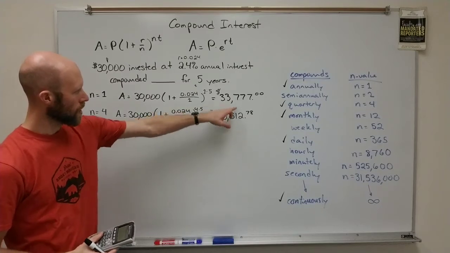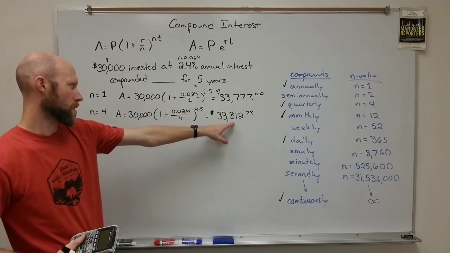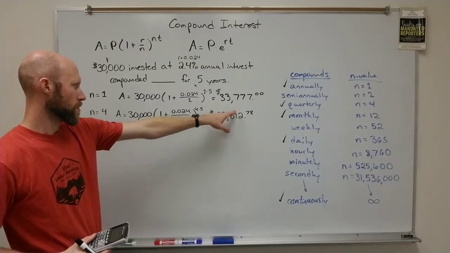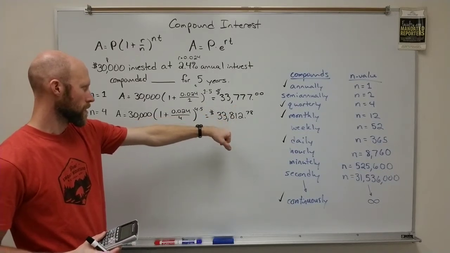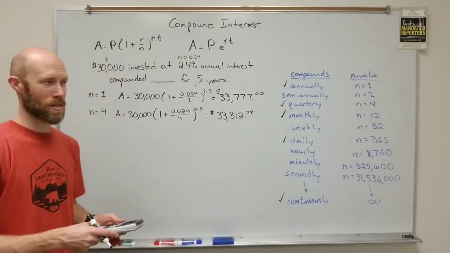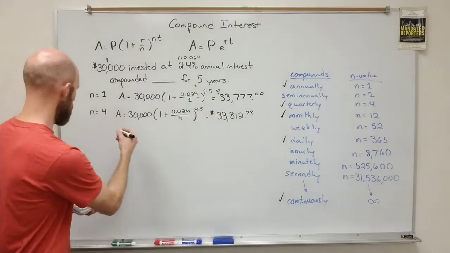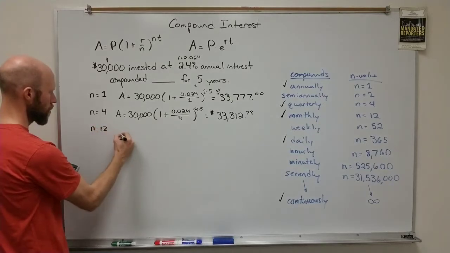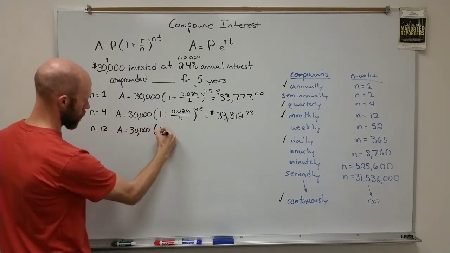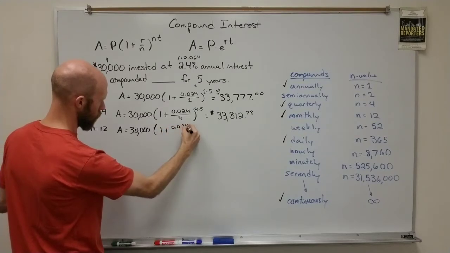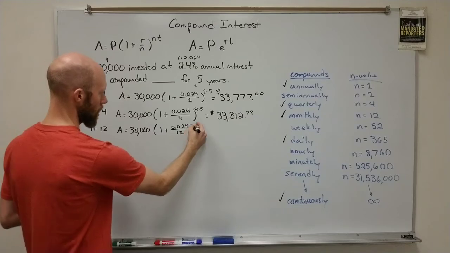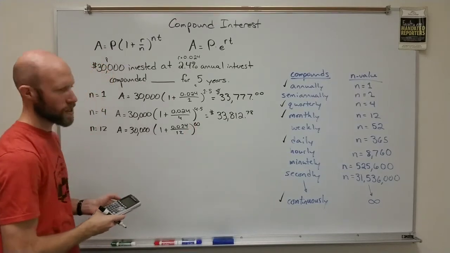All right, so that's with quarterly compounding. So definitely it went up. What's that, like from 77 to, I don't know, it's like 35 bucks, right? You made about 35 extra bucks doing that. Let's go to monthly now. So if n is 12, we're going to have 30,000 times 1 plus 0.024 over 12. 12 times 5 is going to be 60, the 60th power.